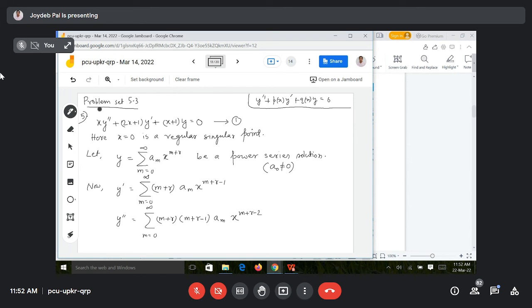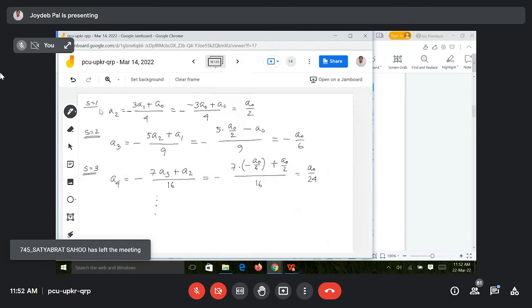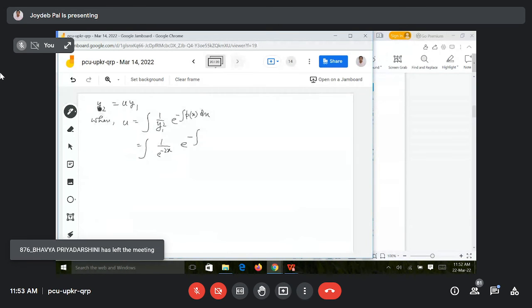So you have to divide the whole equation by x. Therefore, p(x) will be 2x plus 1 by x. So there I will put the integral of (2x plus 1) divided by x dx.